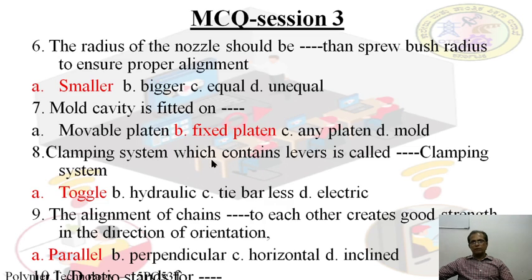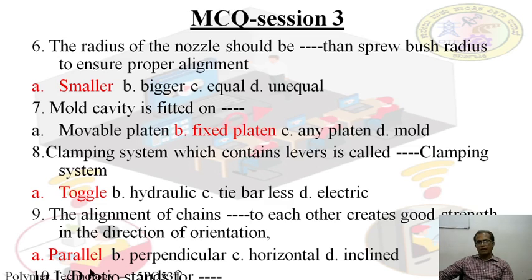Clamping system which contains levers is called dash clamping system. Toggle, hydraulic, tie bar less, and electric. The correct answer for this is toggle clamping system. The alignment of the chains dash to each other creates good strength in the direction of orientation.